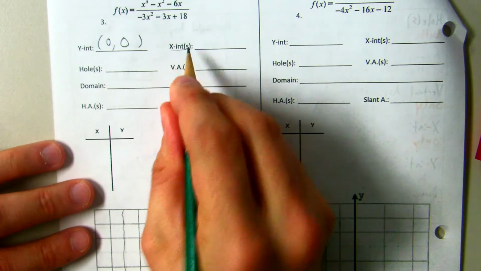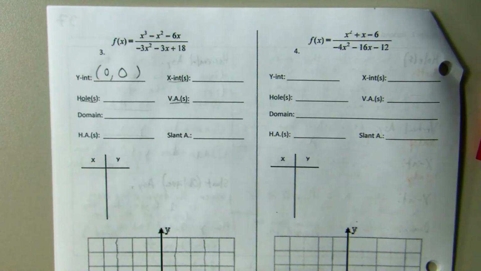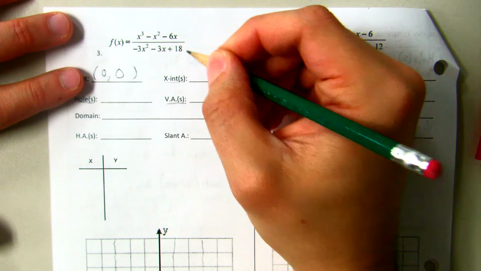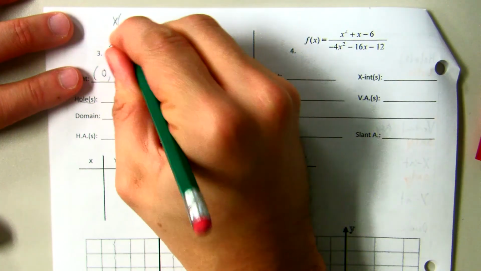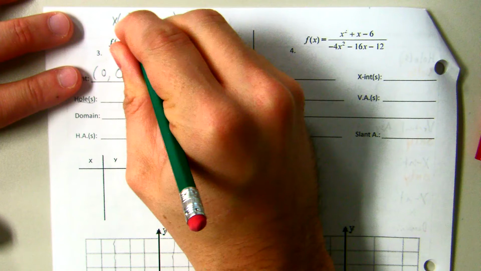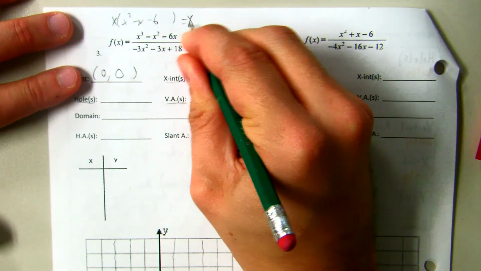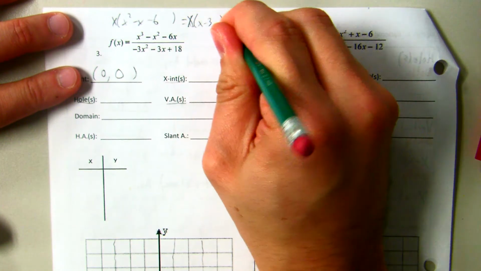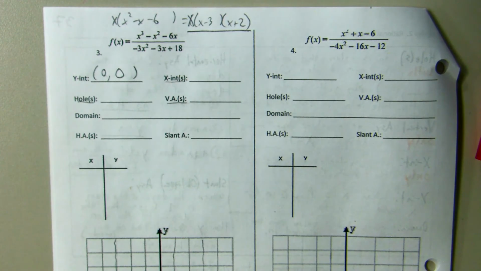For x-intercepts, poles, and vertical asymptotes, I have to think about what numbers make the numerator 0 and what numbers make the denominator 0. So, if it's not factored, you got to do that. You take out an x. And factor its number.